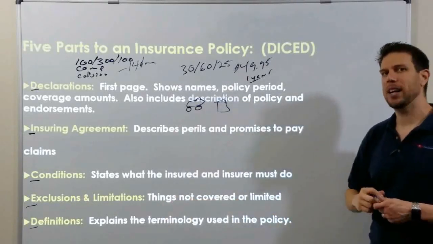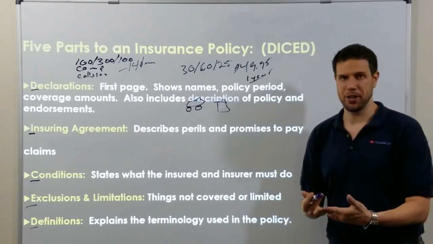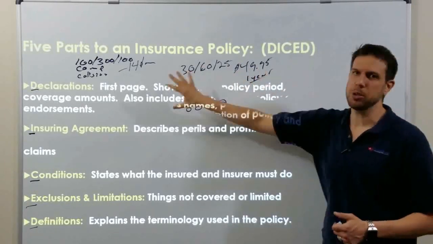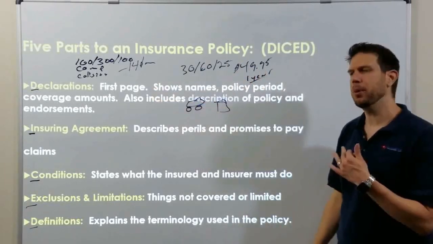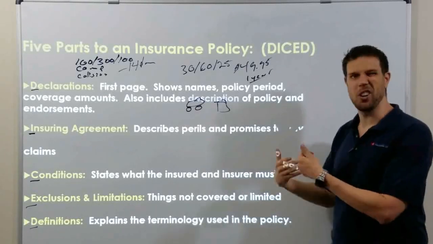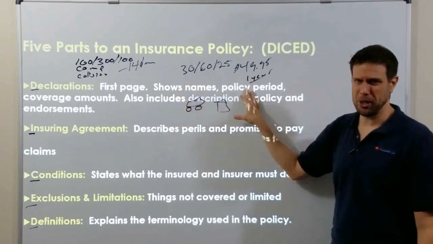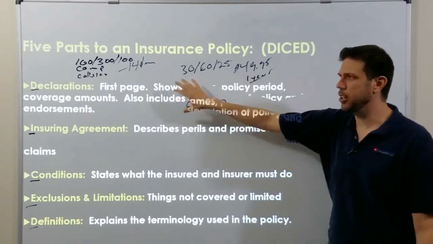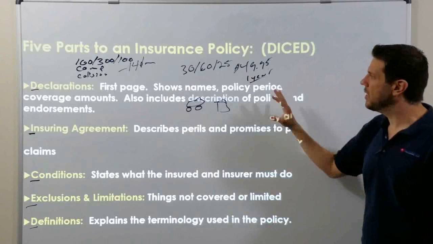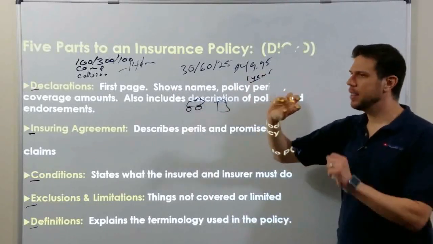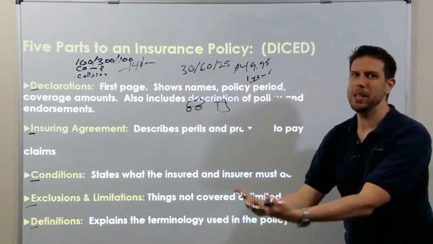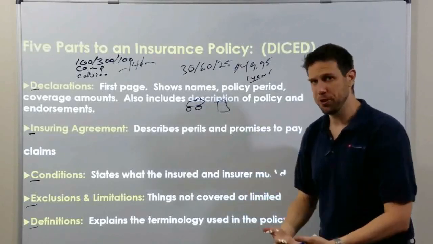You will not be able to find very sensitive information here though. You will not find their social security number. You will not find things that aren't relevant to the policy. Like your auto insurance doesn't describe your house. Your house doesn't describe your auto. But the dec page is the first page of the policy. This is a summary of what is being insured and for how much you're insured against.